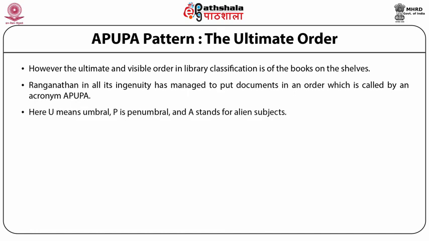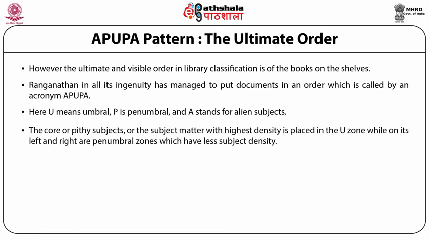Here U means umbral, P is penumbral, A stands for alien subjects. The core or pixie subjects, or the subject matter with the highest density, is placed in the U zone, umbral zone, while on its left and right are penumbral zones which have less subject density.